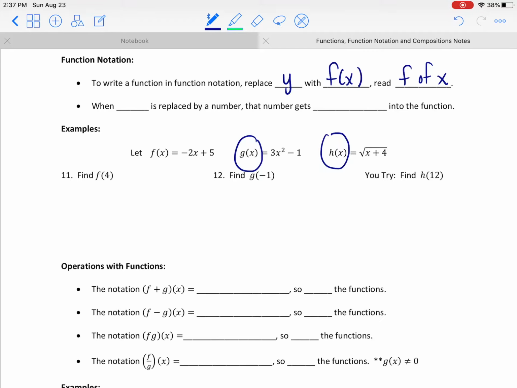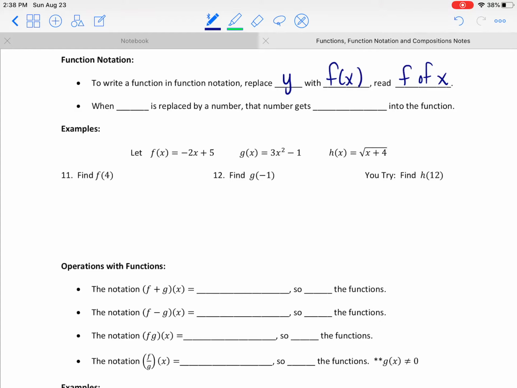So, for example, if we're running a business and we have a function that represents revenue, and another function that represents cost, maybe we want to call this one r of x, and this one c of x, so that we can clearly distinguish between the 2 types of functions.